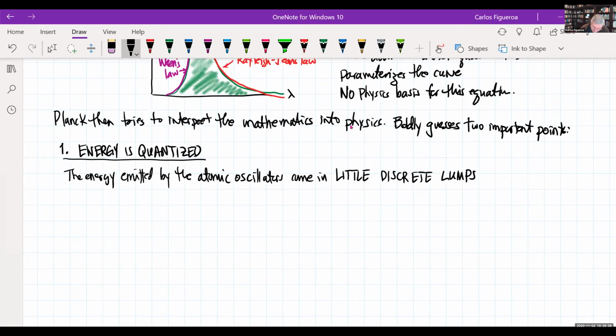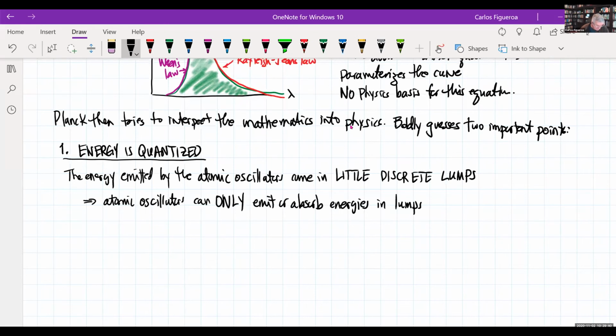What he really means by this statement is that atomic oscillators can only emit or absorb energy or energies in lumps of a certain size.